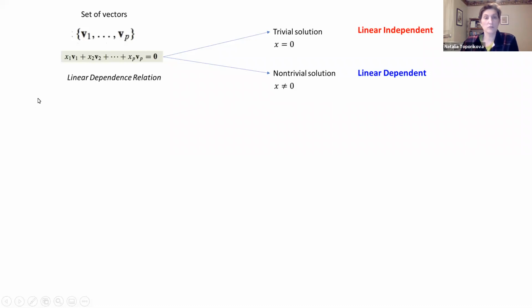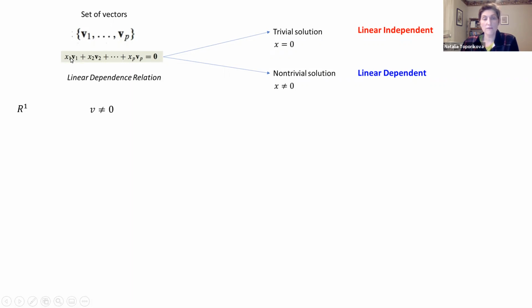Let's start from R1 and build our case up to multidimensional space. Let's look at R1, which is the simplest case of one vector, which can be linearly dependent or independent on itself. The equation in this case will be x1 v1 equals 0.